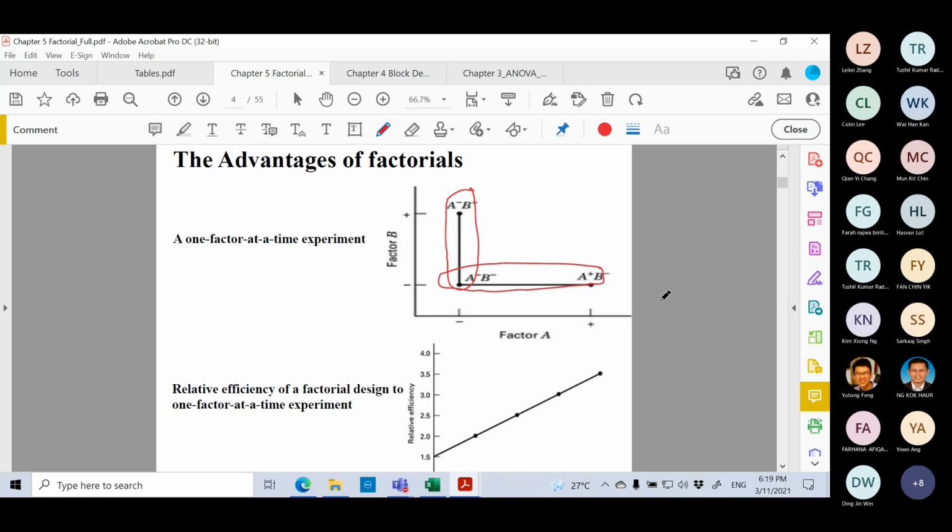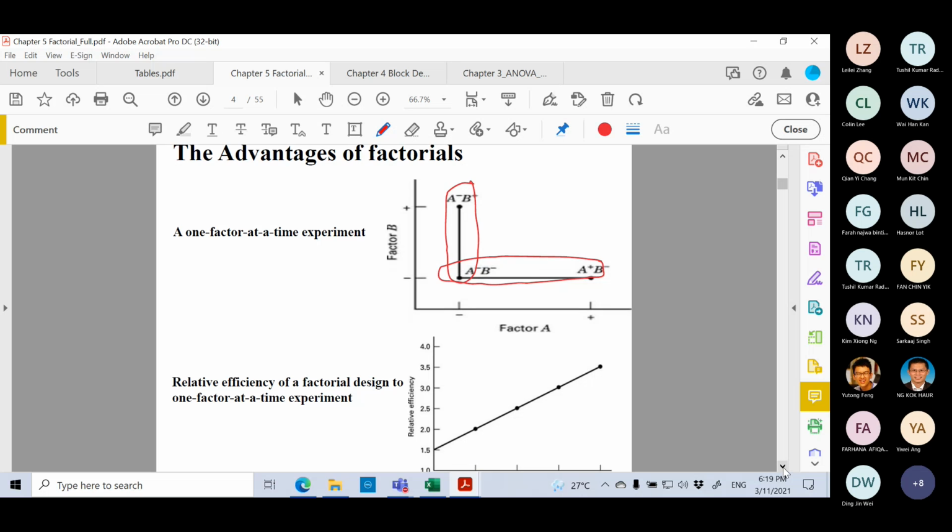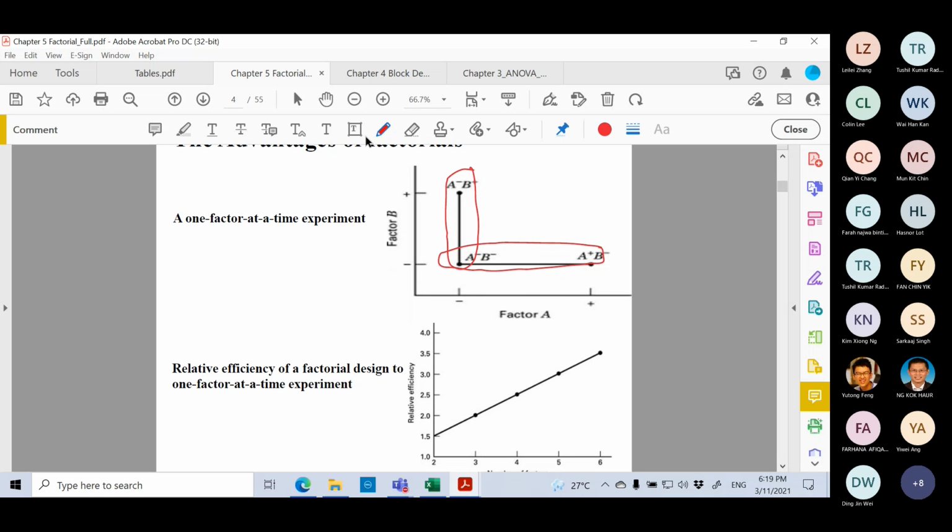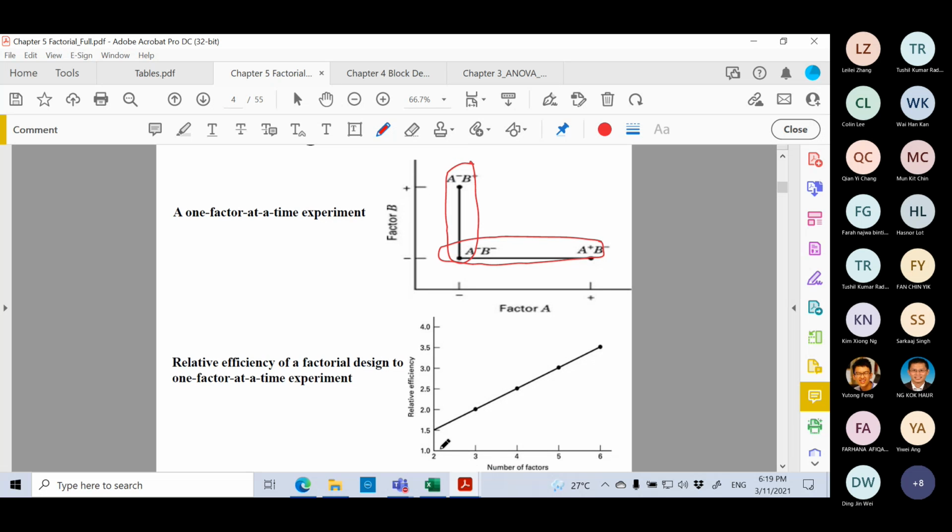Okay, so this part is to show you the factorial design compared to the one factor at a time experiment. Okay, so for the two factor case, the relative efficiency is that factorial is 1.5 times more efficient than the one factor at a time.